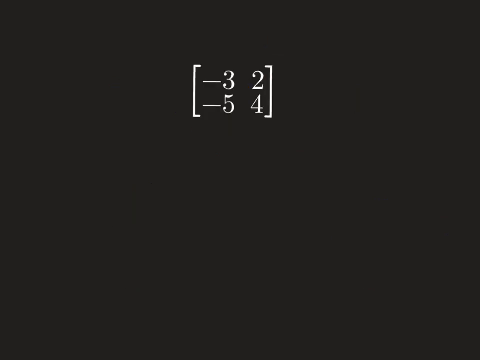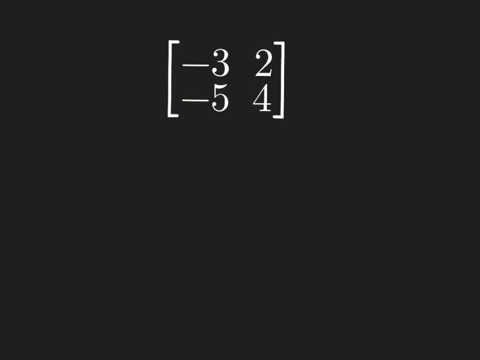Let me show you 2 more. All right, this one, -3, 2, -5, 4. Again, same steps. Going to multiply that diagonal, that's -12. Multiply that diagonal, that's -10, and you always subtract. When you subtract those 2, you get -2. After you subtract, remember you take the reciprocal of that number and it goes outside, so put in -1/2 outside.